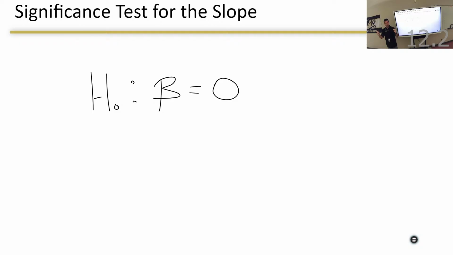If the slope is 0, that means what? No association. And then the Ha is we're trying to prove that there's a positive association or a negative association or an association. Y'all follow what I'm saying? So the Ha is either a positive association, a negative association, or there is an association. It depends on which one they want you to do.